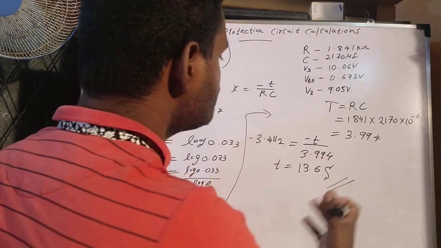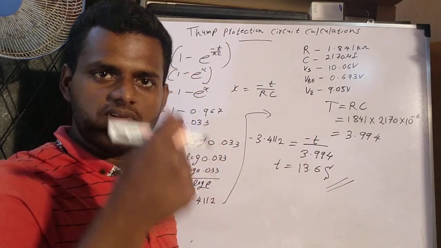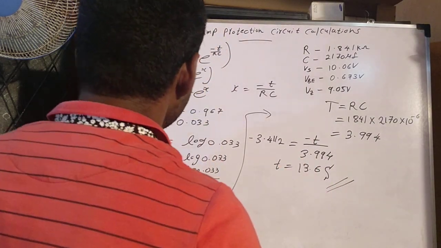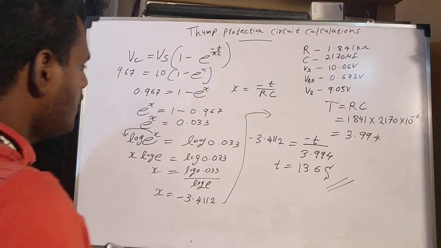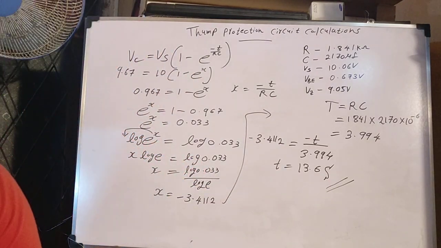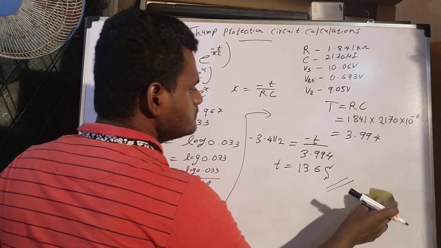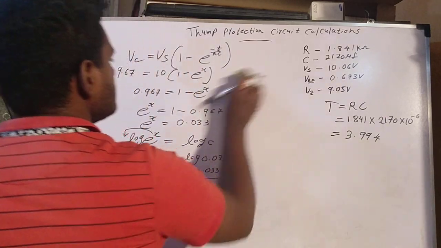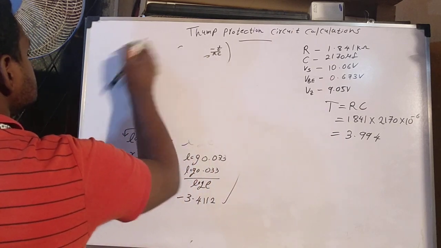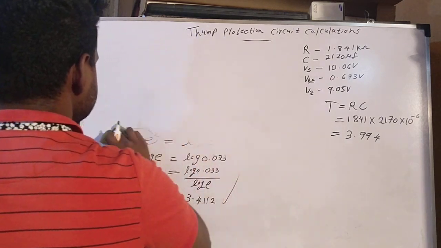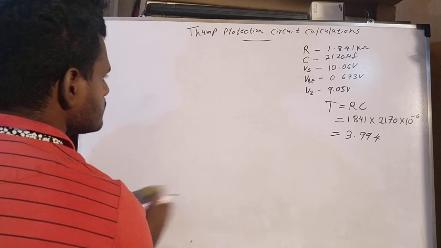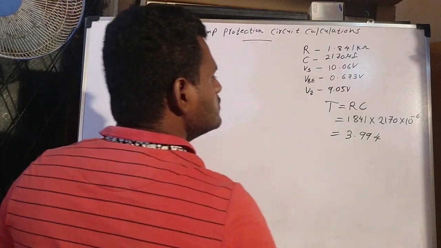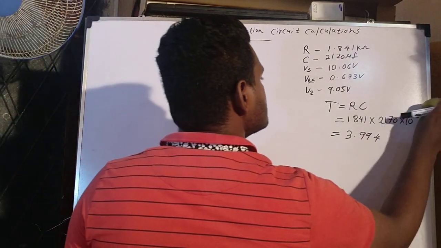Now we have to find the discharging resistor. So now I'm going to do that. Okay, I will erase this old one, and the 3.994 I will erase too.